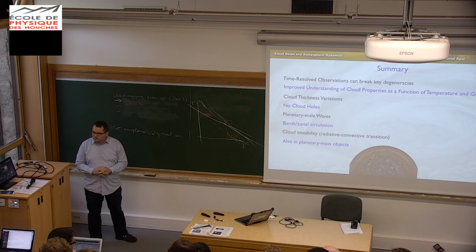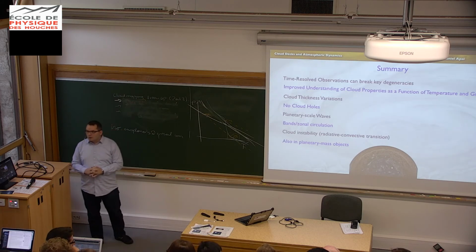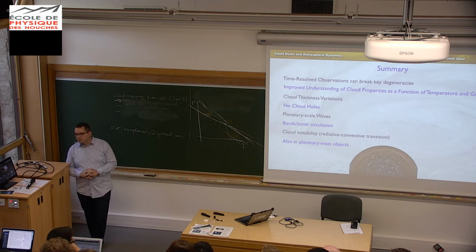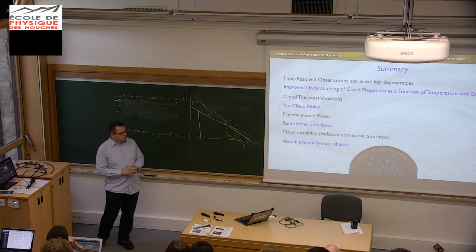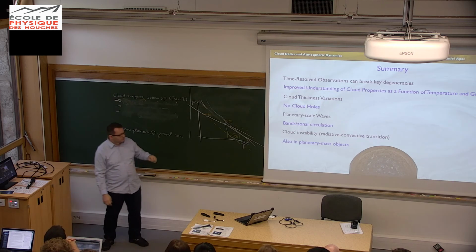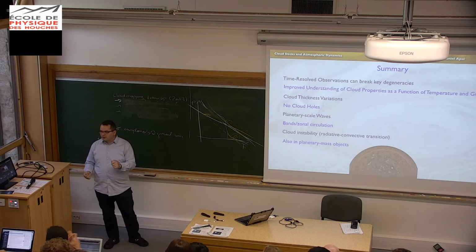Would you expect variability in the core of the lines, because your sensitivity is mostly to the core of the lines, and this is probably above the clouds? Would you still expect variability? Some models predict, for example, methane and CO abundance variations.